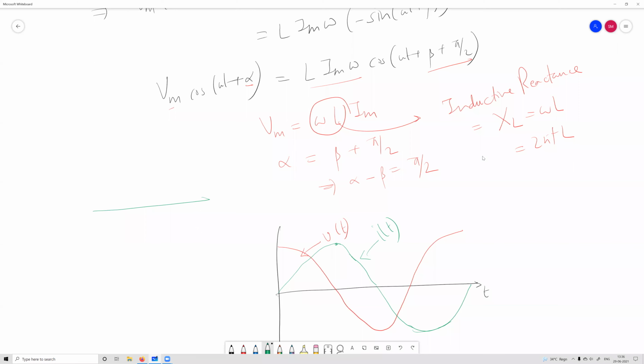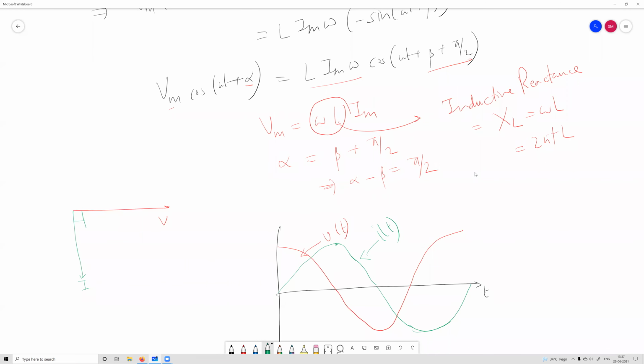If this is my voltage phasor, the corresponding current phasor would look like this. It is 90 degrees out of phase, lagging behind. Right? Is it okay? Yes, sir.